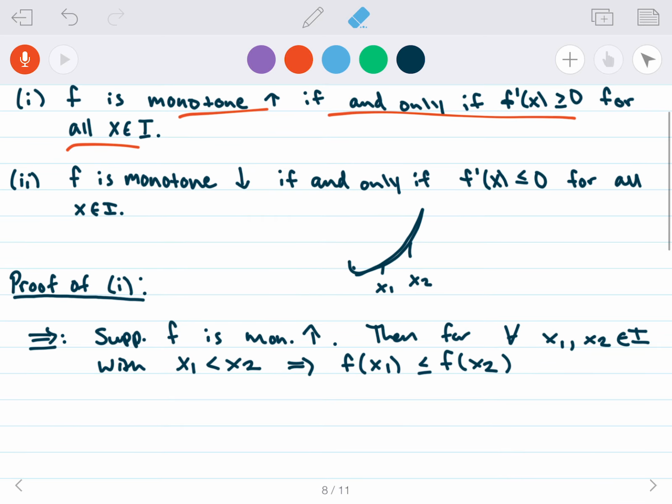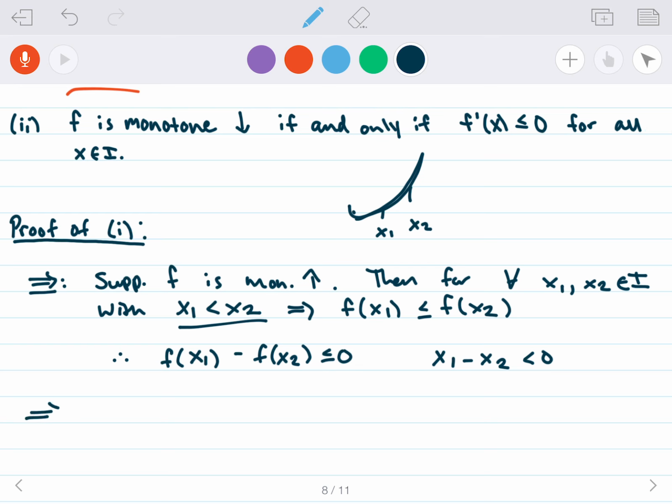Okay, and what does this imply? So then, if we subtract f of x2 from both sides of the inequality, we get f of x1 minus f of x2 is less than or equal to 0. And from this piece, we have x1 minus x2 is less than 0.